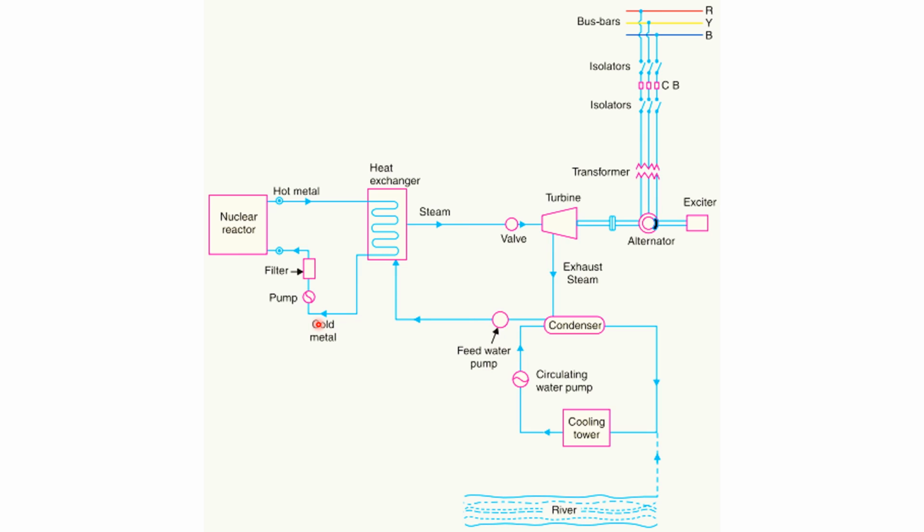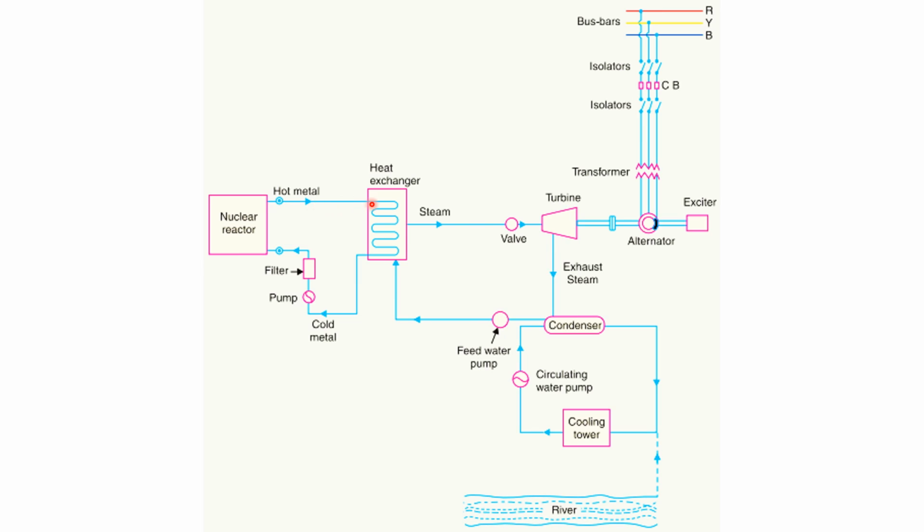So cold metal, which is normally sodium or sodium potassium, flows into these pipes because of this pump, and this pump pumps this cold metal via a filter into the nuclear reactor. This cold metal then flows between the fuel rods in the arrangement of the nuclear reactor, and it gains all of the heat energy which is produced inside the reactor, and then hot metal escapes the nuclear reactor.